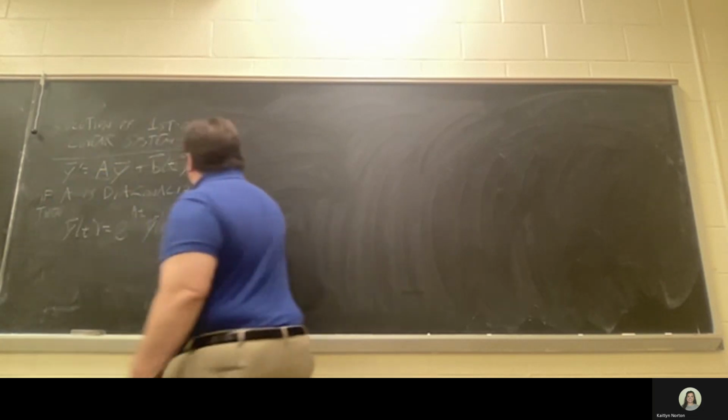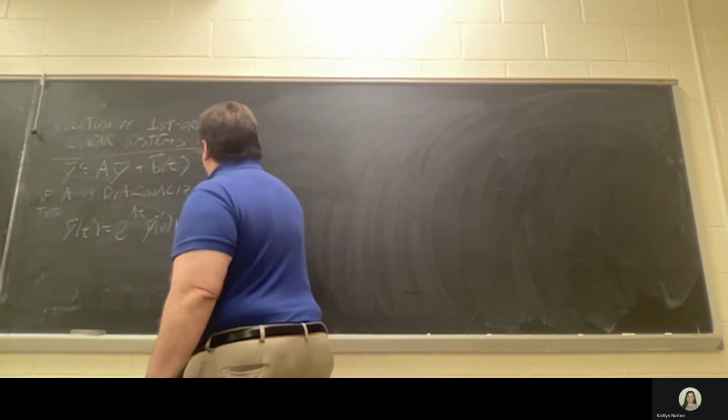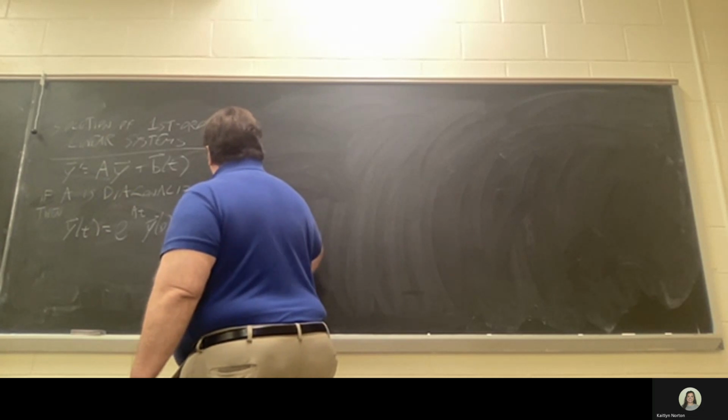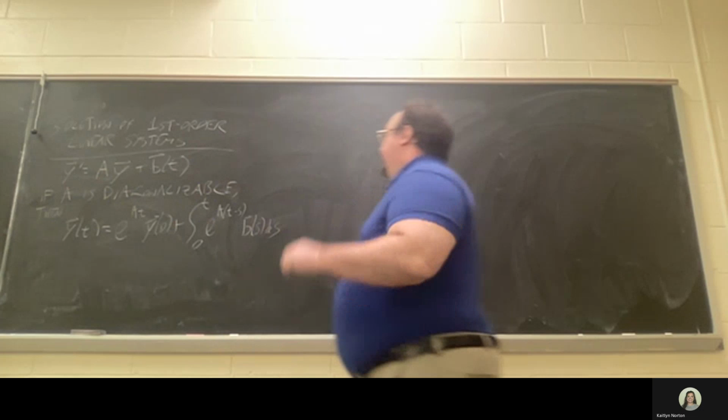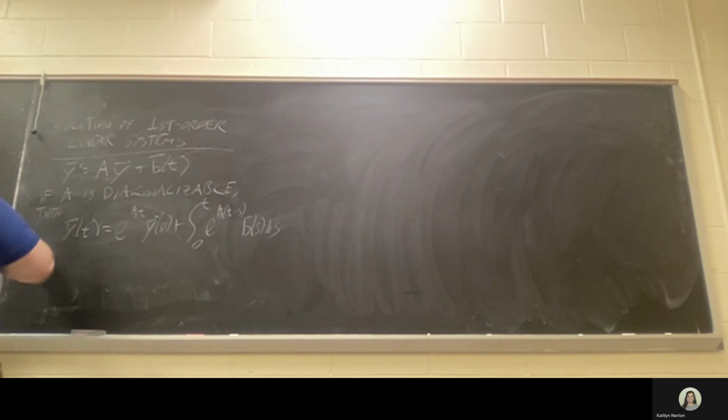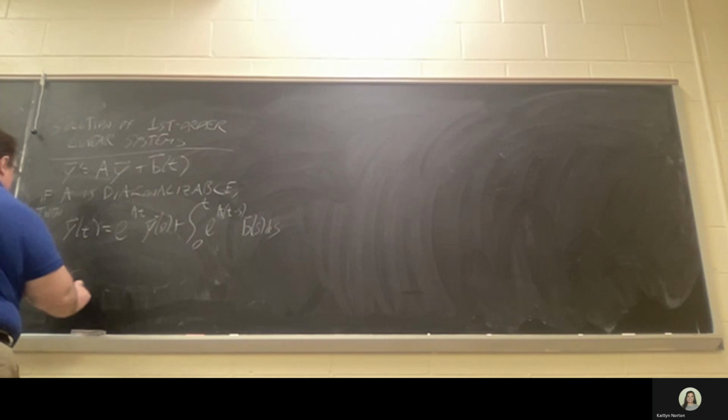Y of t is e to the At y of 0 plus the integral of e to the A(t minus s) b of s ds, where e to the At is defined as a Taylor series.